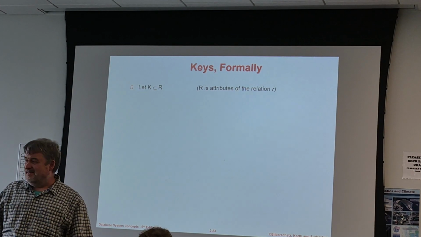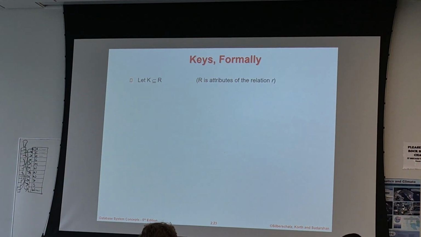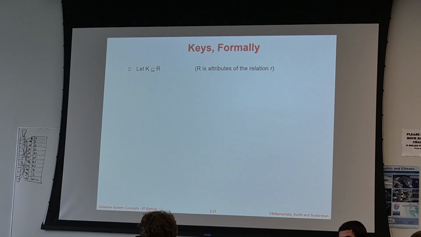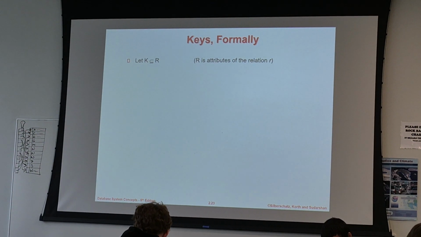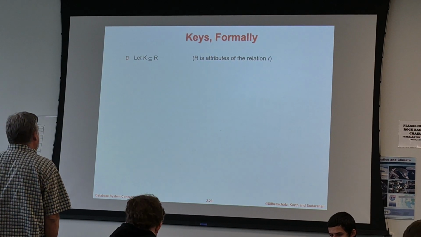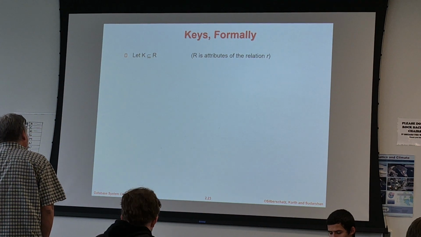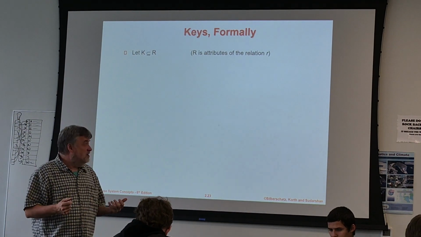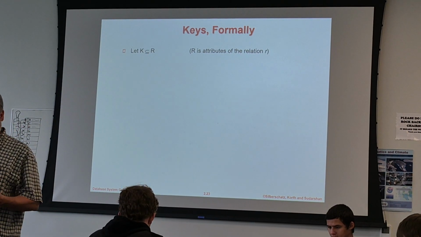Well, let's talk about some set theory, and I'm basically just going to repeat a lot of the stuff that was on the previous two slides, but I'm just going to do it in a sort of variable set theory form. So let's look at the definition first, off to the right. Capital R represents the set of all of the attributes, that's the column names, for any given table, lowercase r, right?